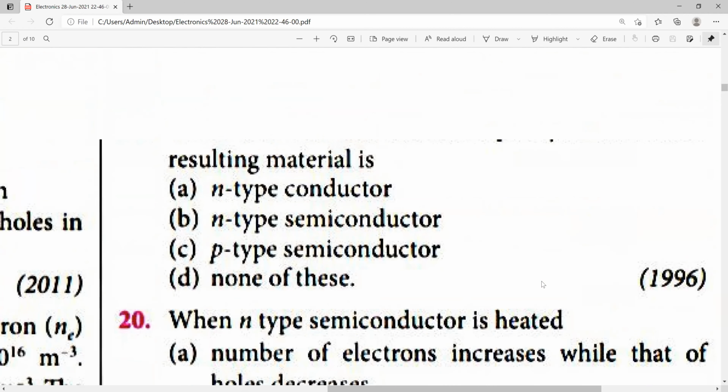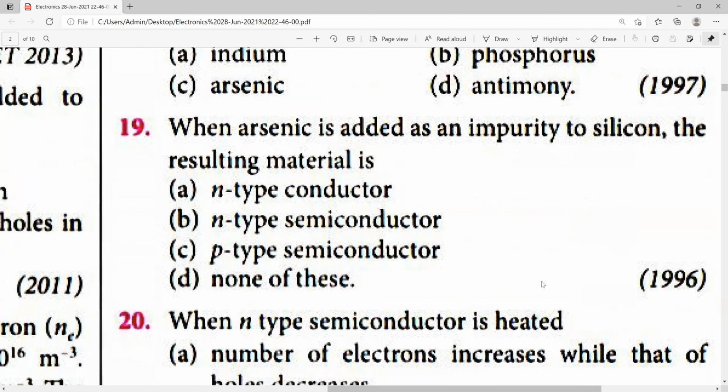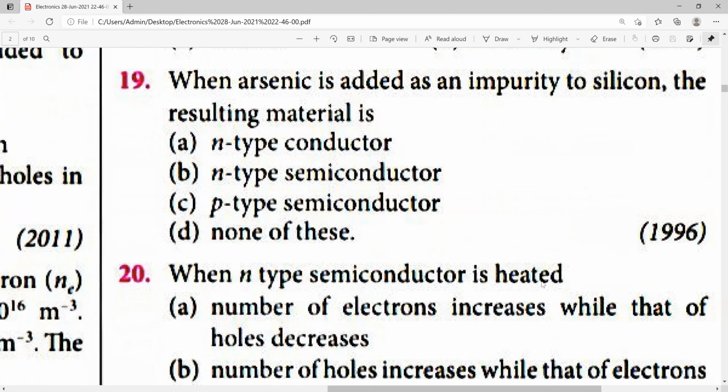Next, 19th one: when arsenic is added as an impurity to silicon, the resultant material is an n-type semiconductor, n-type conductor, p-type semiconductor, or none of these. Arsenic is pentavalent.